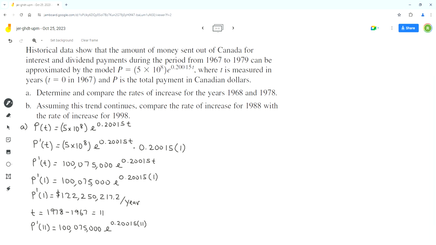Now we can evaluate this expression. So I got 904,9700.2, and the unit will be dollars per year.